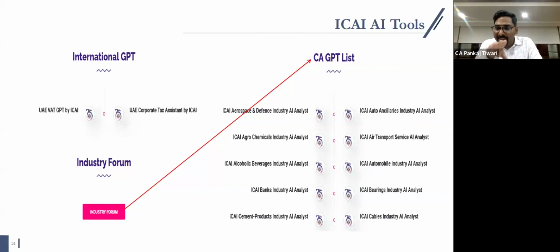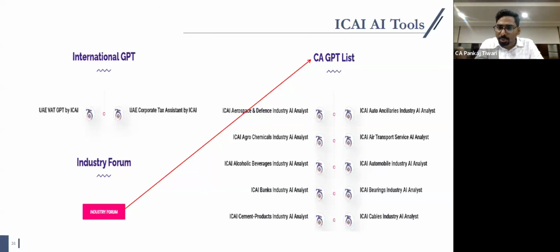Now, this has been categorized into different industries. 5,000 annual reports of companies for the financial year 23-24 can be easily analyzed at the click of a button. For example, if you want to analyze Avenue Supermarts, which is D-Mart, against all other retail industry players, you can simply pick the retail industry section.